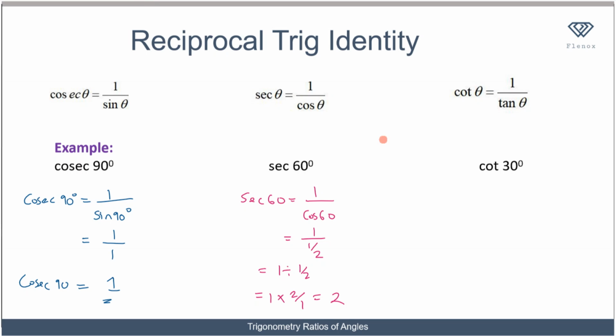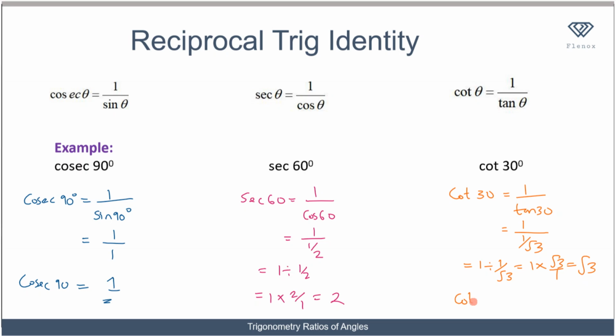And for the last example, I'm going to find the value of cot 30. Now cot is what? 1 over tan. So that becomes 1 over tan 30. Now tan 30 is given as what? Tan 30 is 1 over root 3. So that is the same thing as saying 1 divided by 1 over root 3, which is equal to 1 times root 3 over 1, which is equal to root 3.